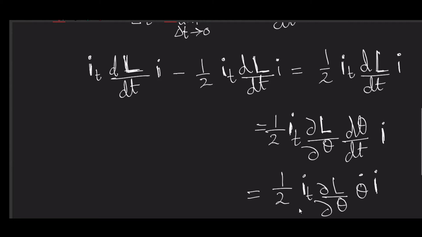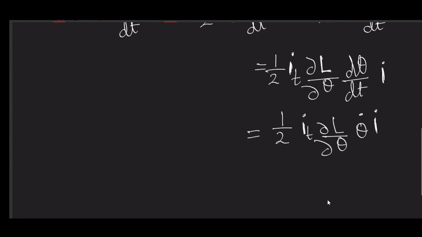So if you want to obtain the power for this, this is the power for a two-pole machine. Why two-pole machine? I am using two-pole while finding out the torque.